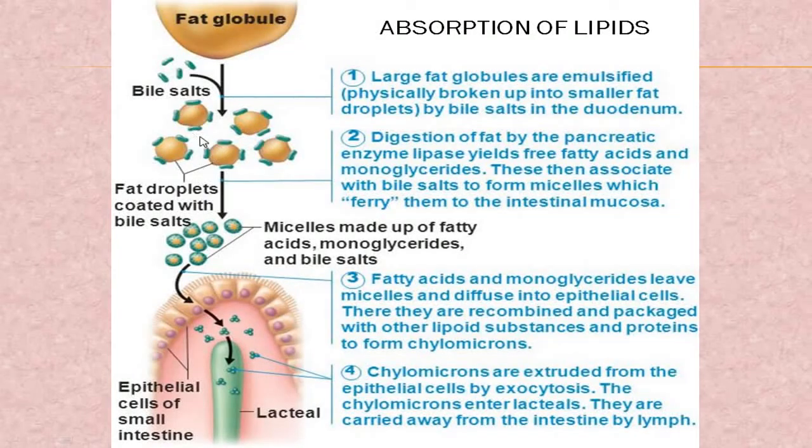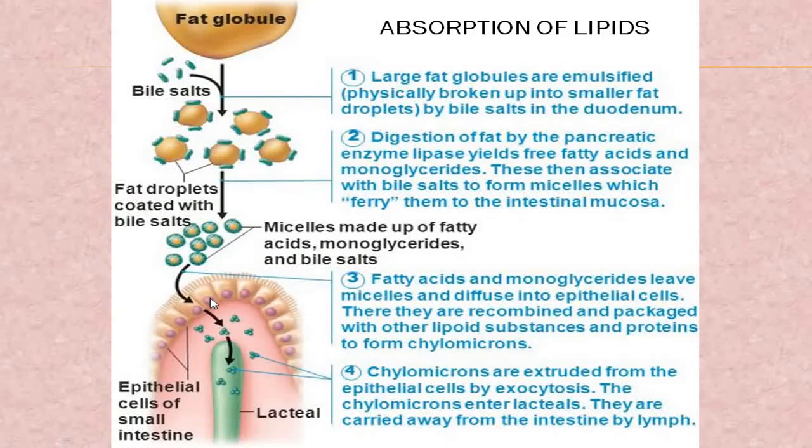And micelles then transport them to the intestinal mucosa or to the intestinal villi. And when they come in contact with the epithelial cells of the villi, the fatty acids and monoglycerides or glycerol present in these micelles leave the micelle and diffuse into epithelial cells.